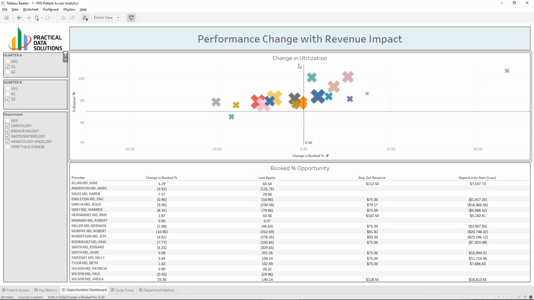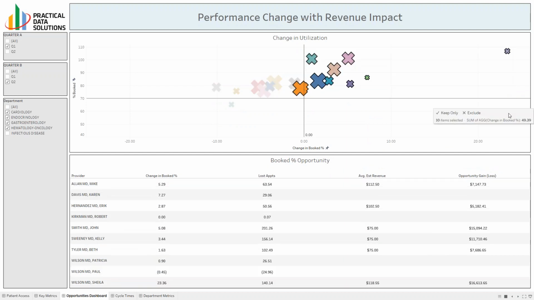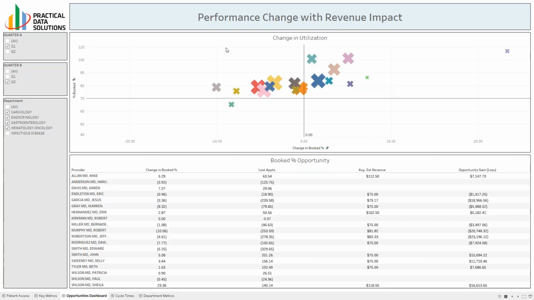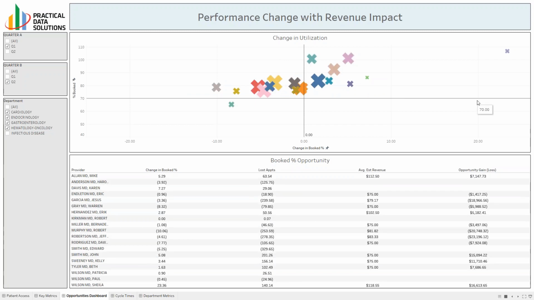Now, if we look on the right-hand side, we can see those who have done better. And those who have done better have shown a positive increase in the bottom line that they're contributing to the organization overall. So this, again, is an effective way to get people to change the way that they're doing things by making this quantification.